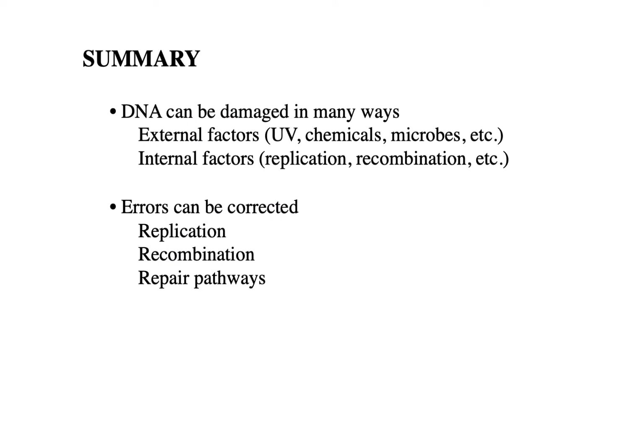So this is the end of this section that included two videos going from DNA damage, that is mutation of various sorts, including those from chemicals, from bacteria, from replication systems, from repair systems. And then I talked about some of the ways that DNA could be repaired and other ways in which it could be both repaired and damaged, sometimes at the same time.